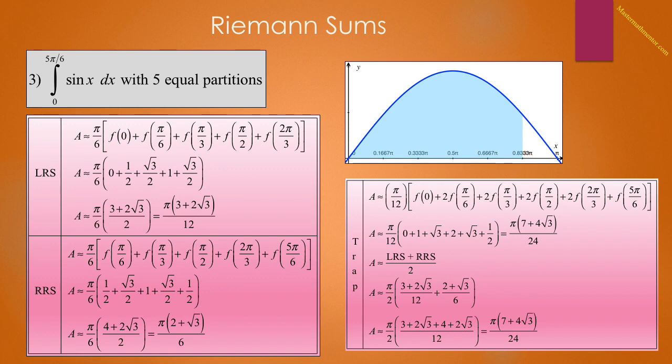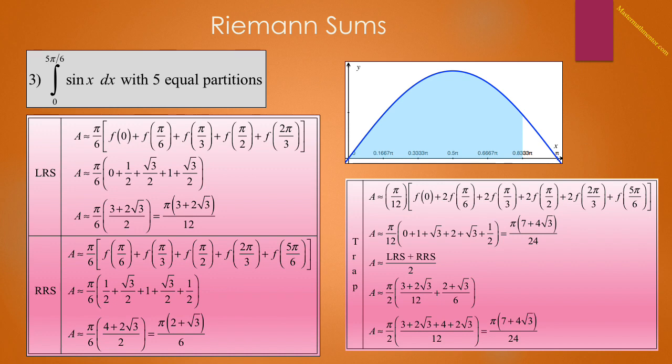Let's show that the trapezoid rule gives the same answer as the average of the left Riemann sum plus the right Riemann sum. So if we average them, we get pi over 2 times the quantity 3 plus 2 square root of 3 over 12 plus 2 plus square root of 3 over 6.